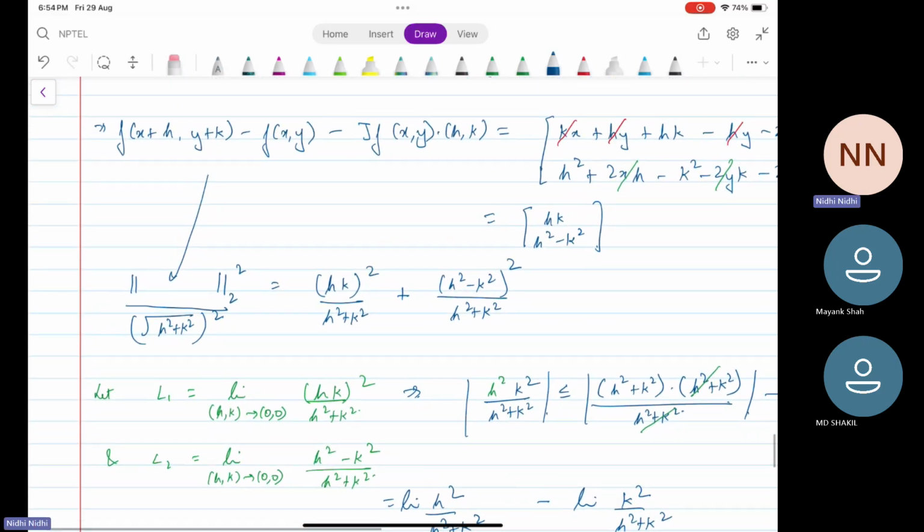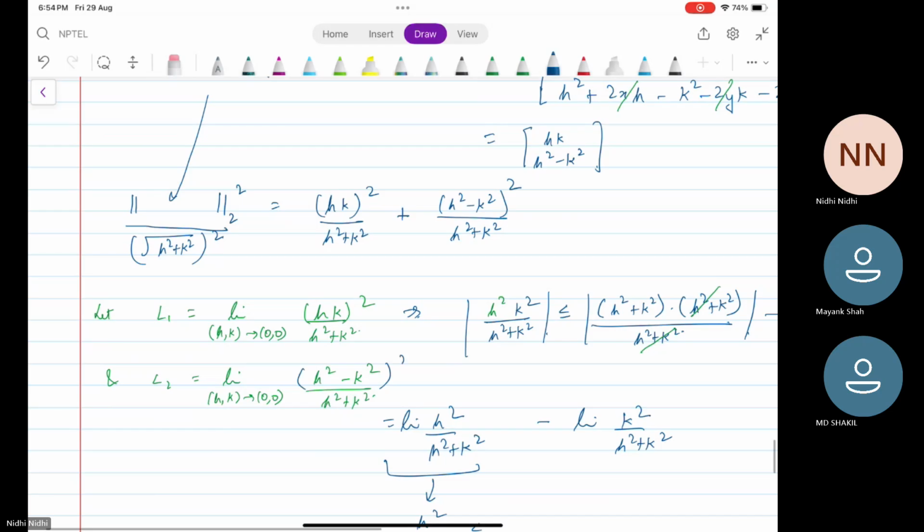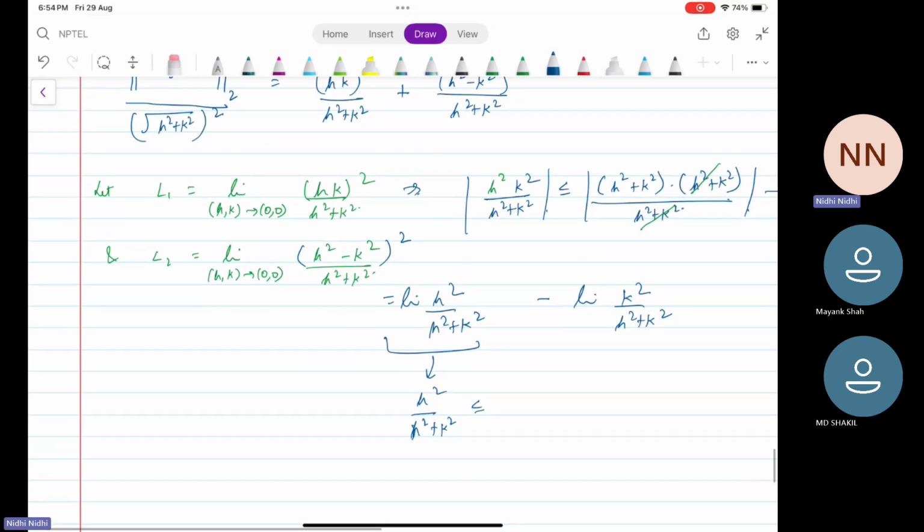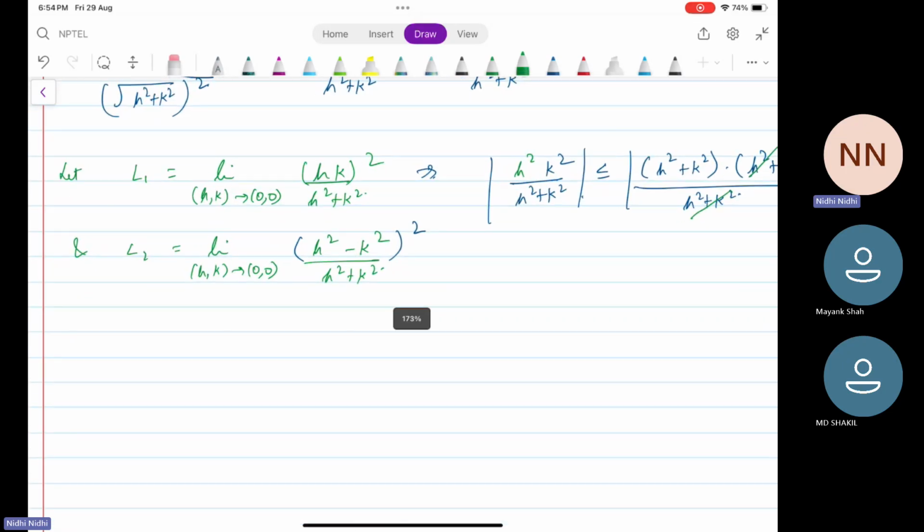In the L2 norm, we need to take the square of each term, so I cannot take this separately. Instead, we can just use the expansion.